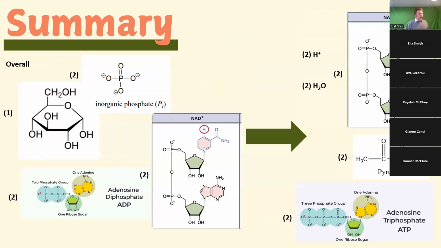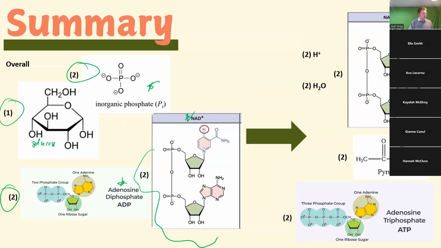And so you can look at this and say, here's our overall reaction. Glucose right here, ADP, inorganic phosphate, NAD+. 2 ADP, 2 inorganic phosphate, 1 glucose, and 2 NAD+. Our output, and arguably what's most interesting about glycolysis, are these 3 things right here.